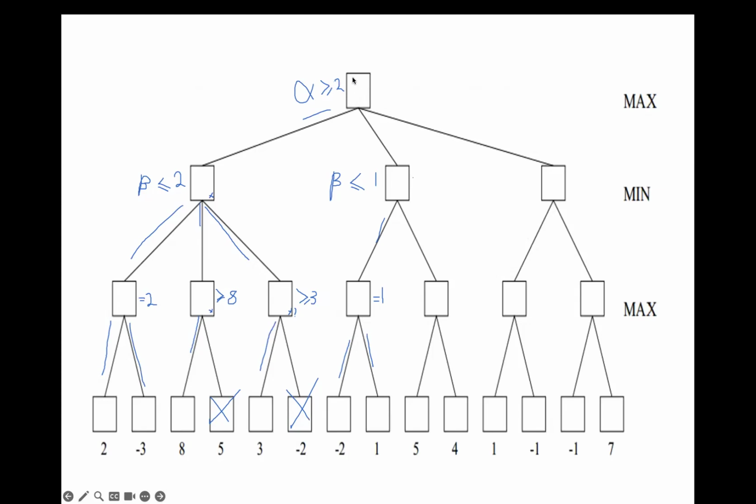So now, at least we have an estimate here and we have an estimate there. Before we decide whether to continue expanding these branches, these nodes, we go back to our procedure. In our procedure, we said, when expanding, do not expand any child nodes once a value has been seen whose evaluation is lower than alpha.